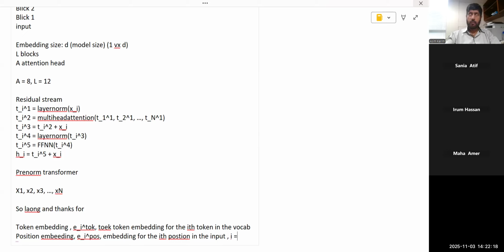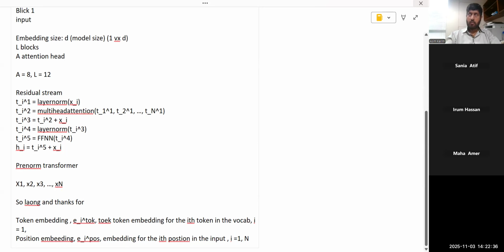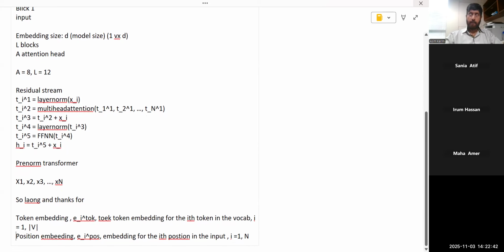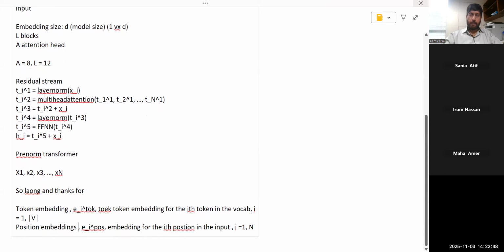In other words, i would go from 1 to n, while in the previous case, the token embedding, i would go from 1 to the total number of words in the vocabulary, and whatever index you have made. Okay. So we have the original token embeddings and we have the position embeddings.